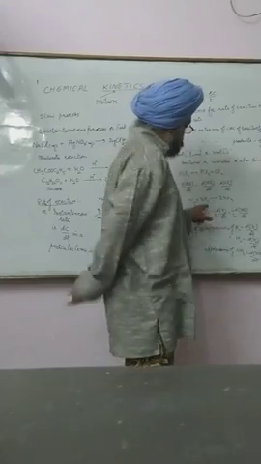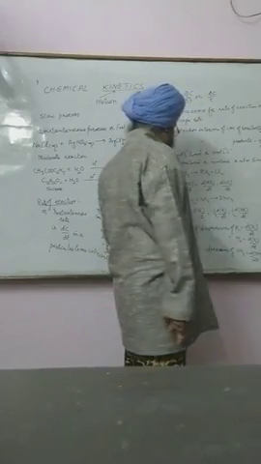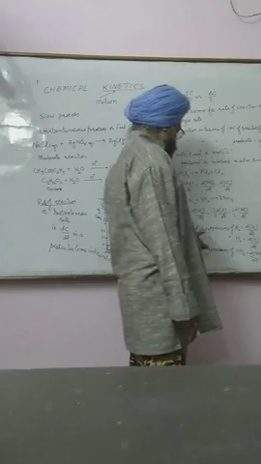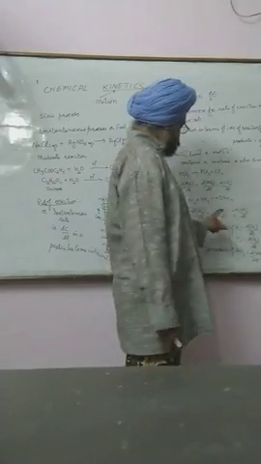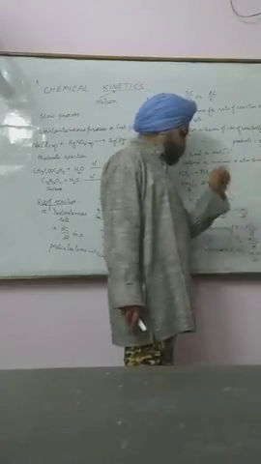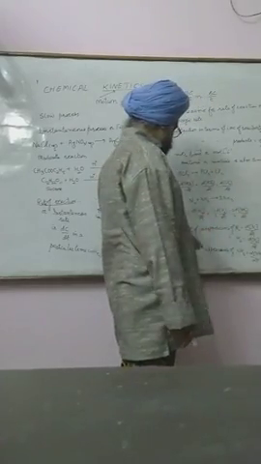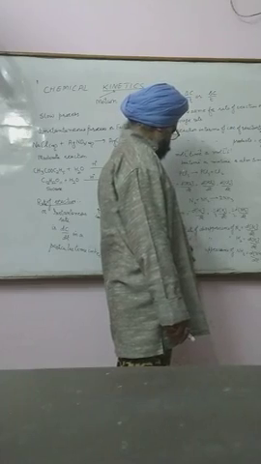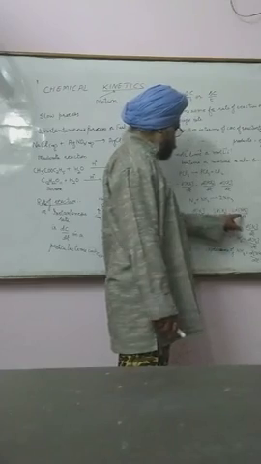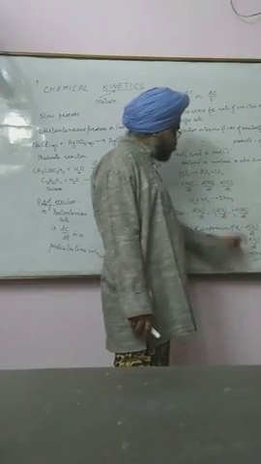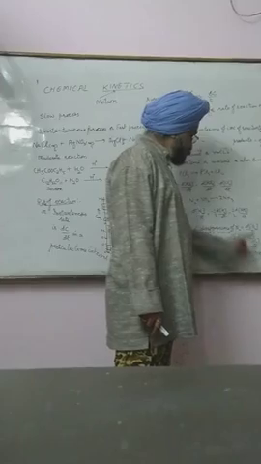If I include 1 by 3, then it comes out to be the rate of reaction. And if I don't include the 1 by 3, then it is the rate of disappearance of hydrogen. Similarly, here the rate of appearance of ammonia, since ammonia is the product, is d[NH3]/dt.